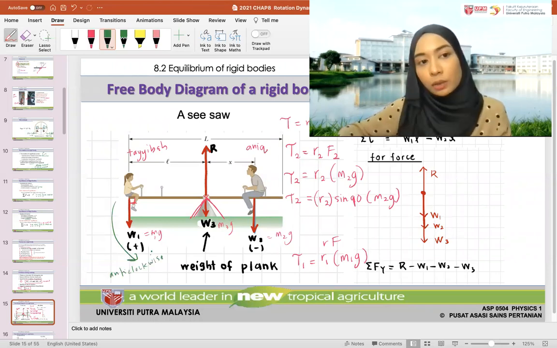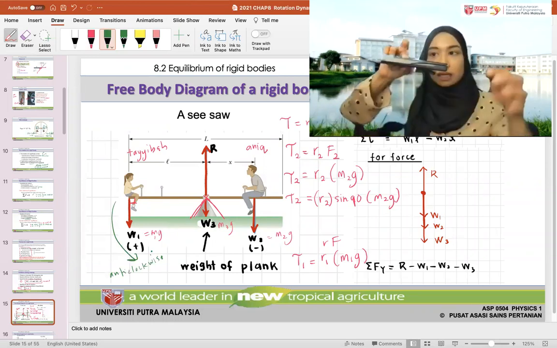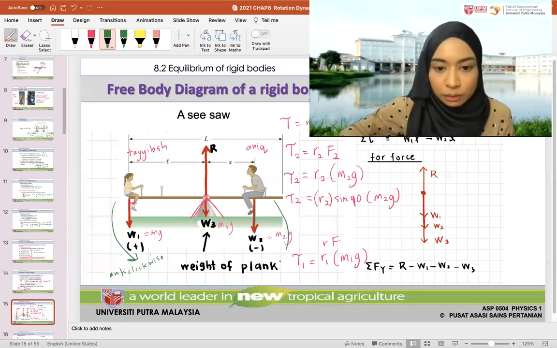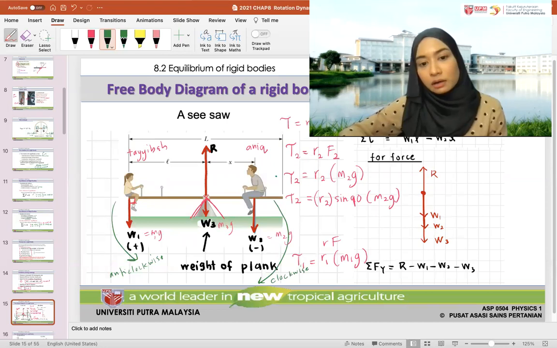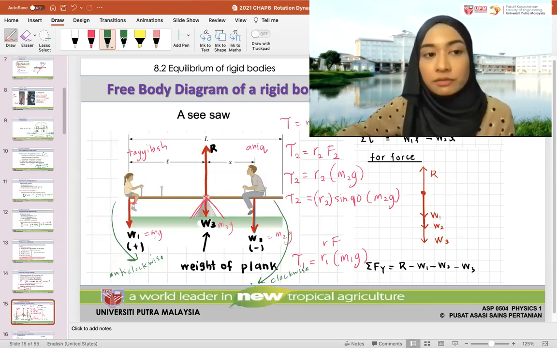Now can we guess what the direction of Anik's torque is? Is it clockwise or anti-clockwise? Again, Anik is here. Clockwise. So Anik will go clockwise. So now they are rotating the seesaw, but they are rotating in different directions.